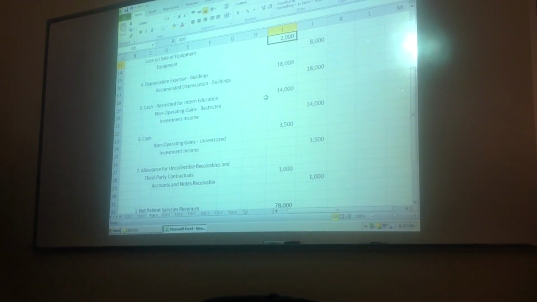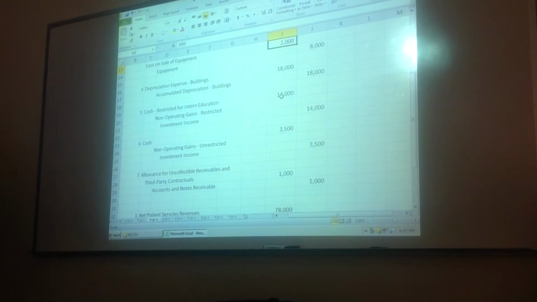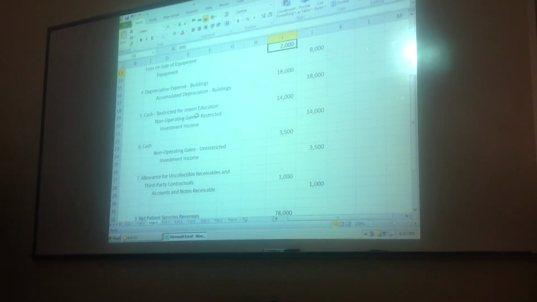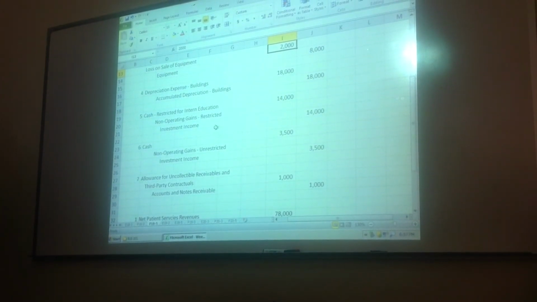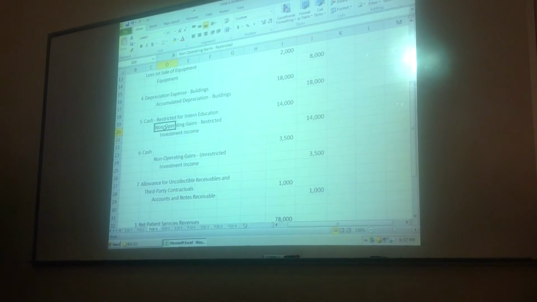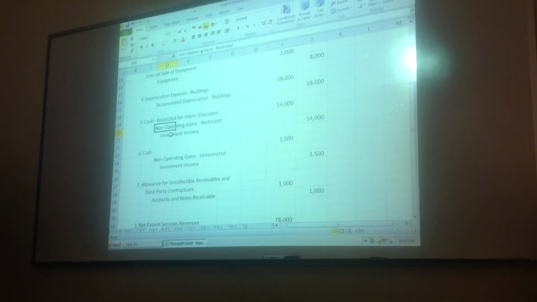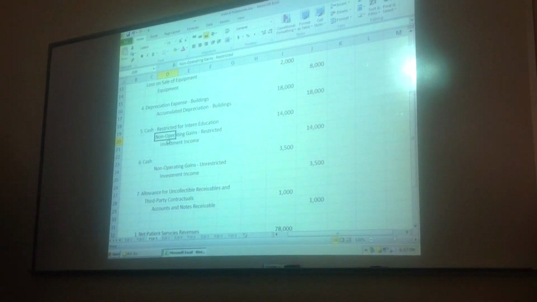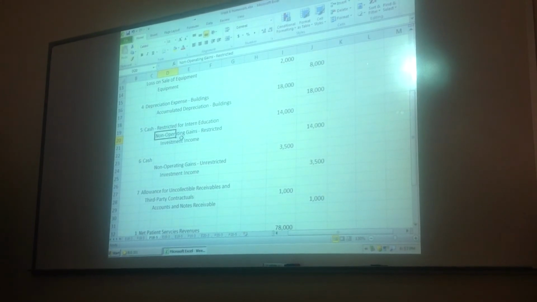So I'm going to record cash, right, for $14,000, and then a non-operating gain of restricted investment income for $14,000. Normally we would record this as investment income or investment revenue. Right? Here we're going to record it as a non-operating gain.